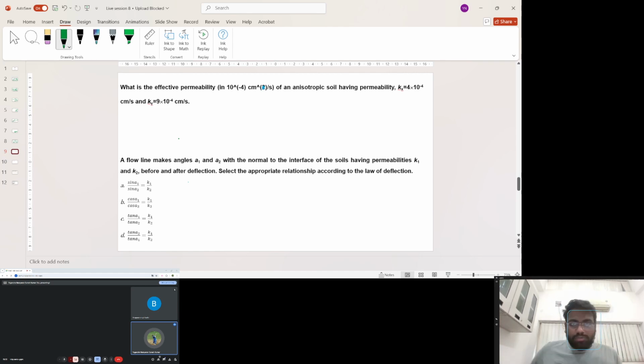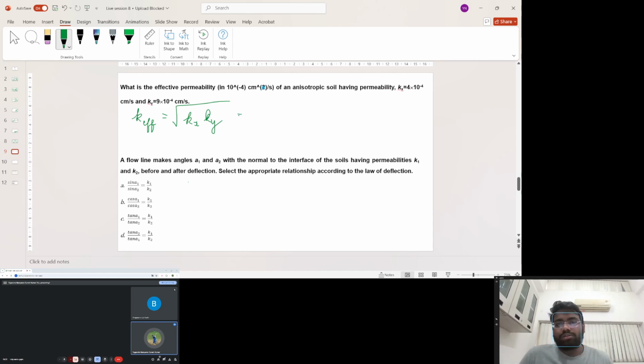All right. So it is an anisotropic condition. So K equivalent or K effective will be equal to root over Kx into Ky.